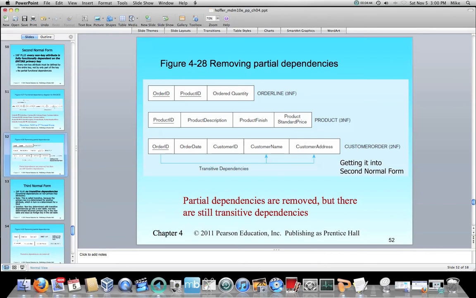So our order line, the first one, is actually in third normal form. Our product is in third normal form because all of the non-key attributes, which are product description, product finish, and product standard price, are all determined by the product ID.